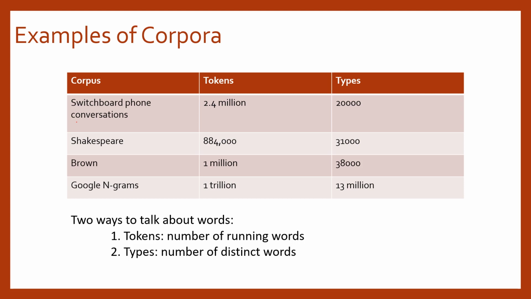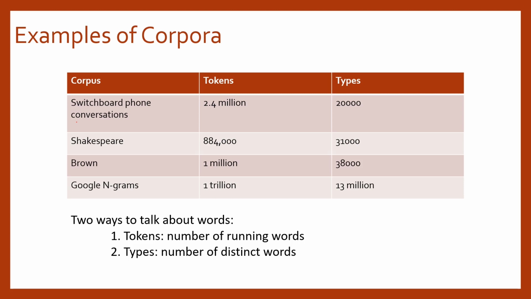And here you see that there are two things: I'm using the words tokens and types. So let's discuss what the difference between the two is. The tokens are the number of running words, and the types are the number of distinct words in a particular corpus. So the distinct words are the types, and of course this would be less than the number of tokens, which are all the words which are there.